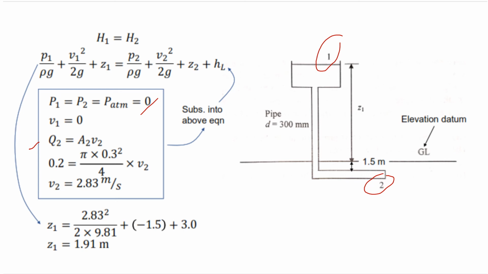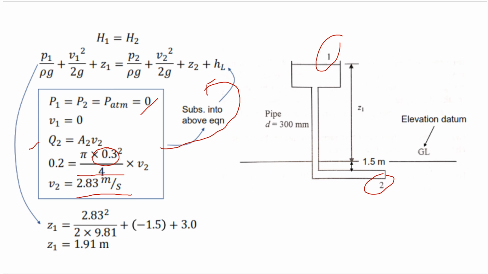Q equals AV. So Q2 is given by 0.2. You can measure the area of pipe using pi d squared over 4. Diameter is given by 0.3, and you get this one as the velocity at point 2. And then of course we need to substitute all the information that you have into the Bernoulli equation.